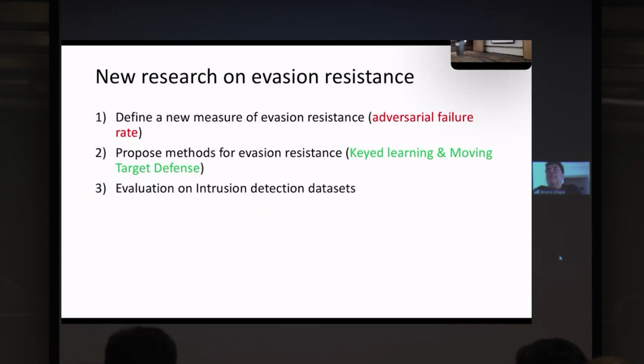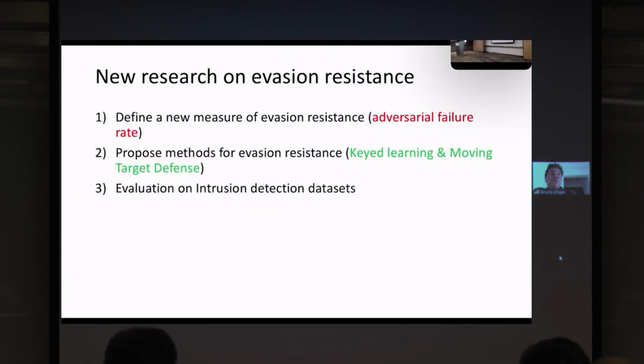So what is the problem? We would like to have a metric that tells us how robust a classifier is against evasion attacks. This is useful because if you want to use a classifier, it would be nice to have a measure that says this classifier is more robust to evasion attacks than this other one. Such a metric doesn't exist, so we propose one.